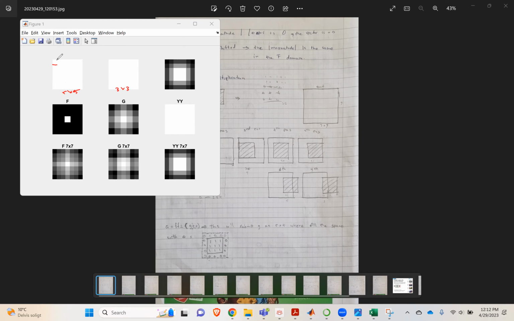So for every pixel when you convolve, you need to do 3 by 3 calculations, so 9 calculations per pixel times the image size. The image size is 5 by 5, so 25 times 9. What's the value? 225, I believe, right?